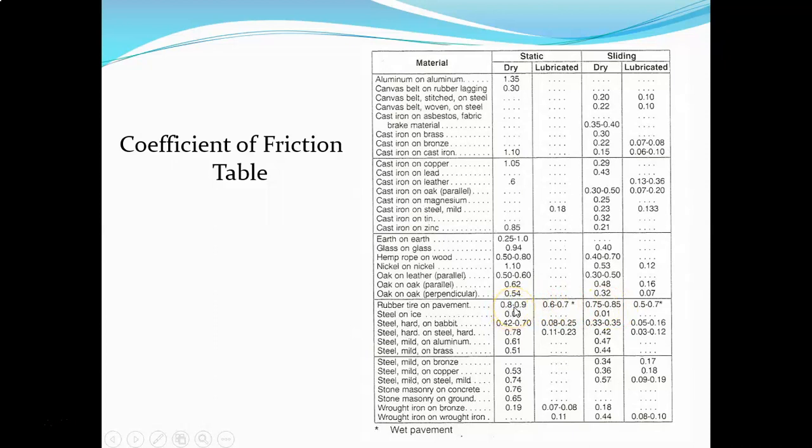So that's how your kinetic or sliding friction is less than your stationary. And then of course you've got the other column of the lubricated static and sliding, and that asterisk is referring to wet pavement, if it's just water on the road. And your static again is greater than your kinetic.